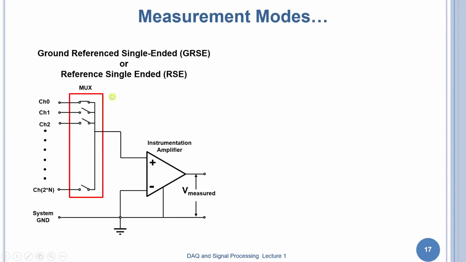The next method of measurement is ground referenced single-ended mode. In this case, you only have one common system ground. We are not going to have a dedicated negative terminal for each channel; you have one common reference. The advantage of this is that you can have almost twice as many measurement channels as compared to differential mode.